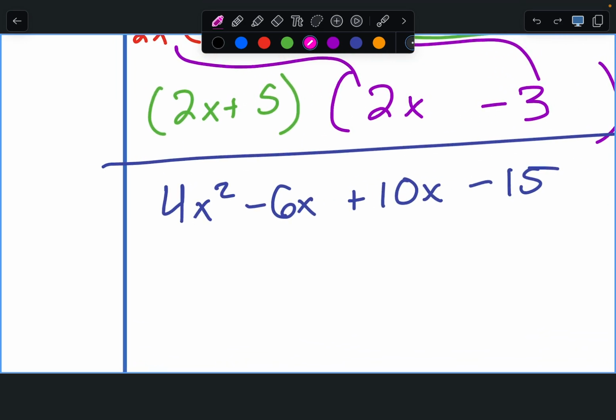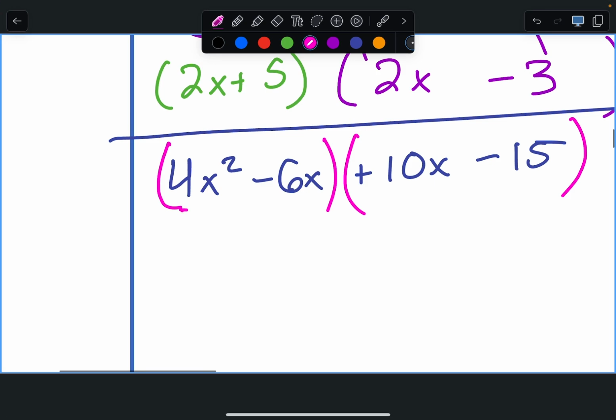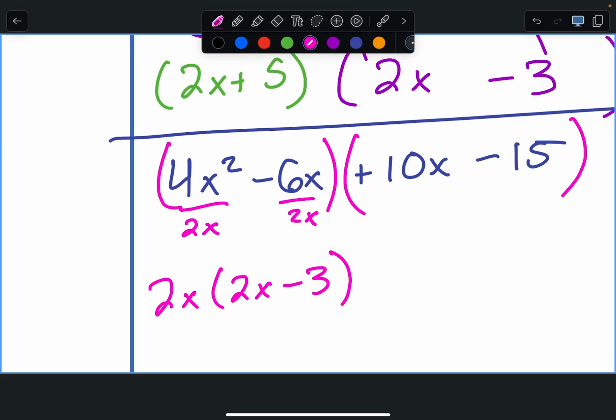When I look at this first group, what can I take out of 4x squared and negative 6x? 2x. Okay, so divide by 2x, divide by 2x. I get 2x times 2x minus 3.